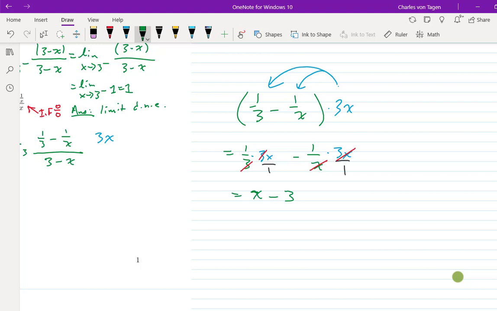Folks, if this looks strange to you, please rework this problem 50 times, because I need you to be able to do this in your head. I'm not going to lie. I don't want you to write out this middle step. I want you to go from here to here in one step.